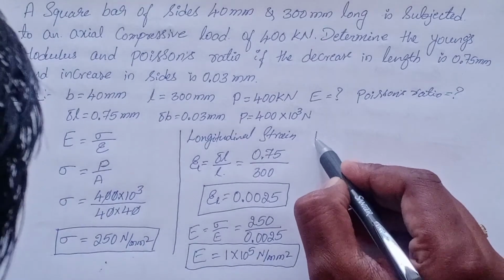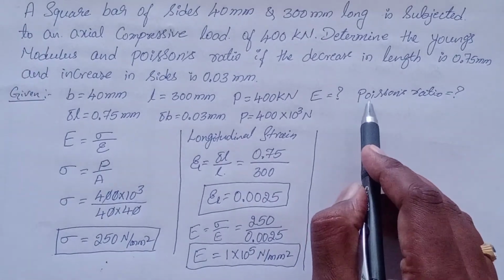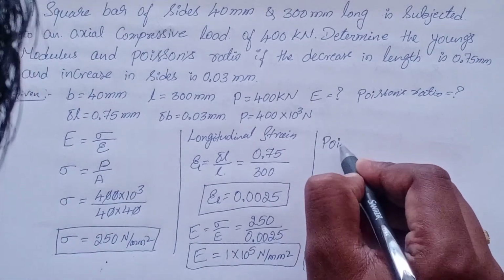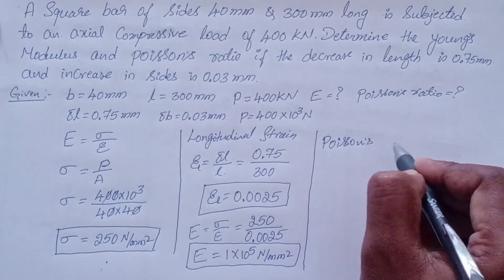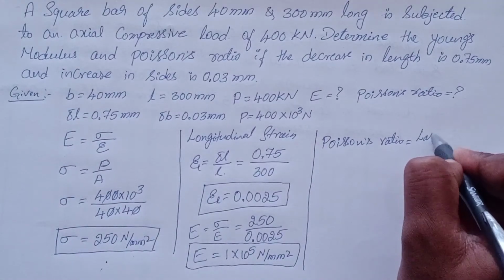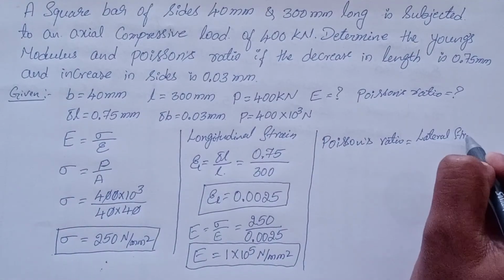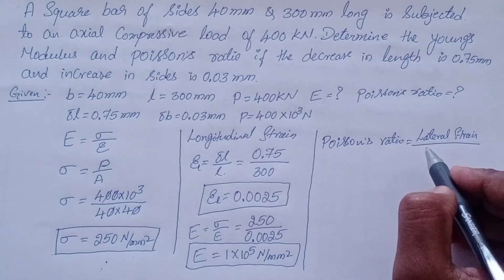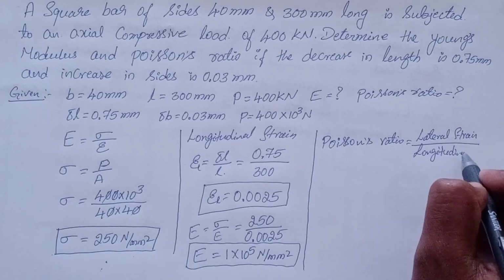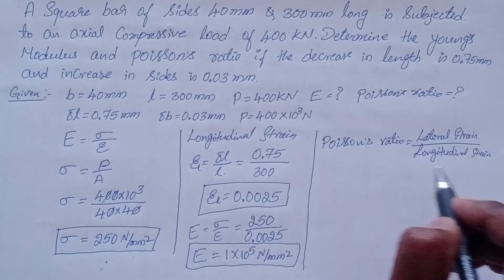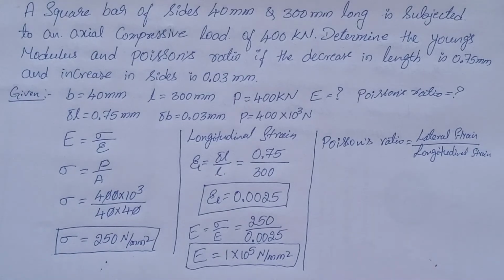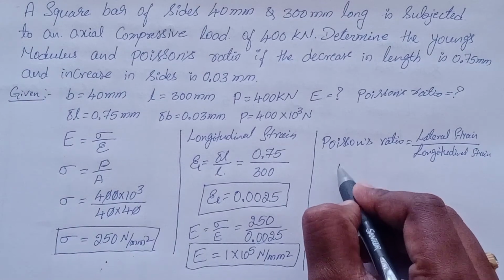Now we need to find the Poisson's ratio. Poisson's ratio is equal to lateral strain divided by longitudinal strain. We already found the longitudinal strain, but now we need to find the lateral strain.